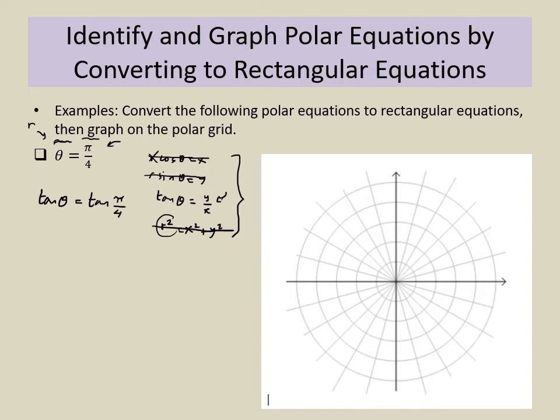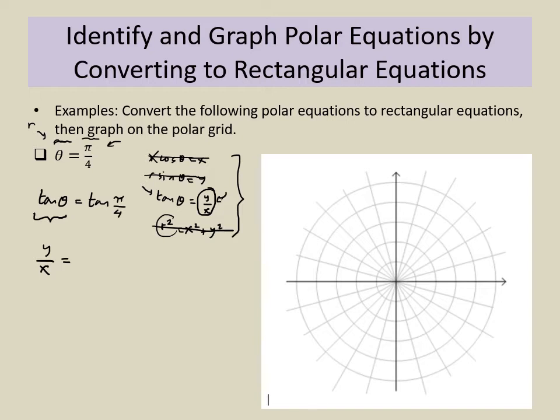And that's the trick that we can use here. Once we have the tangents, now we can convert. We can use that tangent theta is equal to y over x. So now we can convert this from polar, from theta and r, into x and y. So y over x equals tangent of pi over 4.